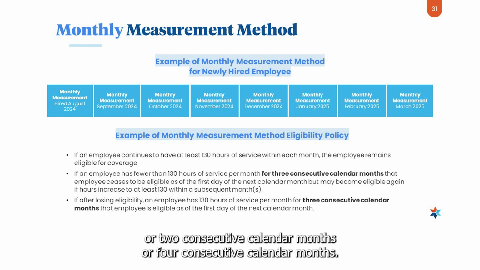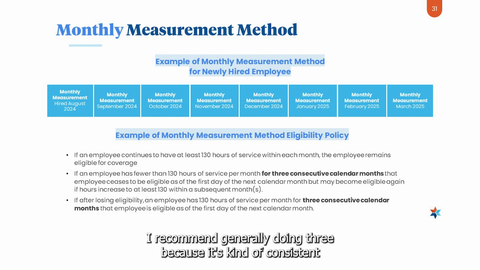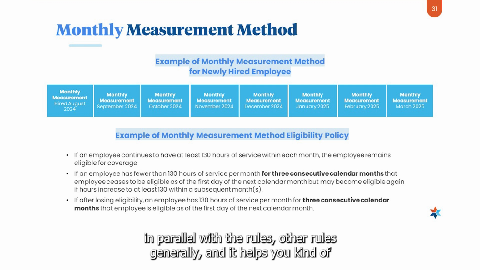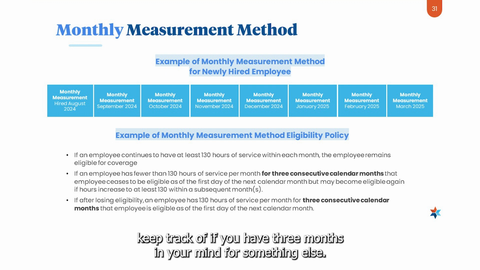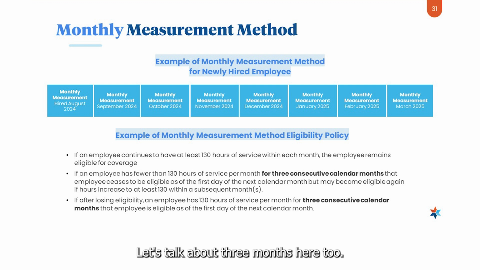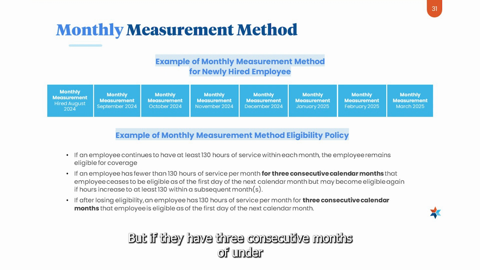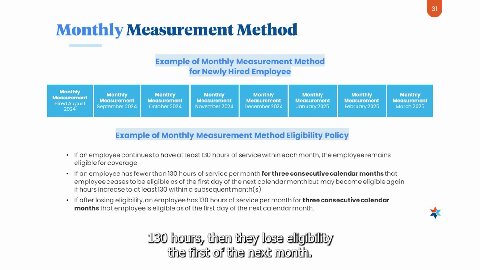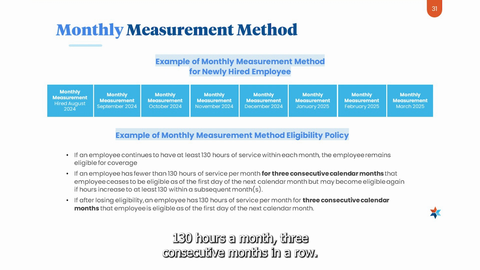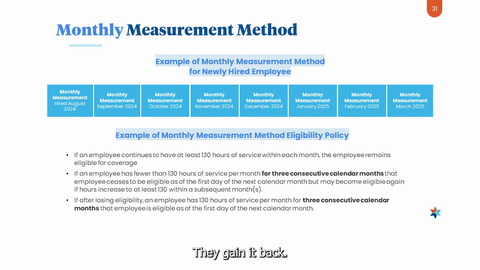I recommend generally doing 3 because it's consistent and parallel with other rules generally, and it helps you keep track if you have 3 months in your mind for something else. Let's talk about 3 months here too. But if they have 3 consecutive months of under 130 hours, then they lose eligibility the first of the next month. Same thing applies if they lose it, but then they start working 130 hours a month, 3 consecutive months in a row, they gain it back.